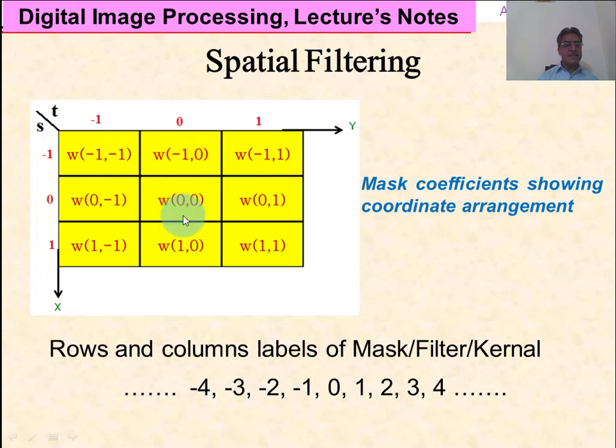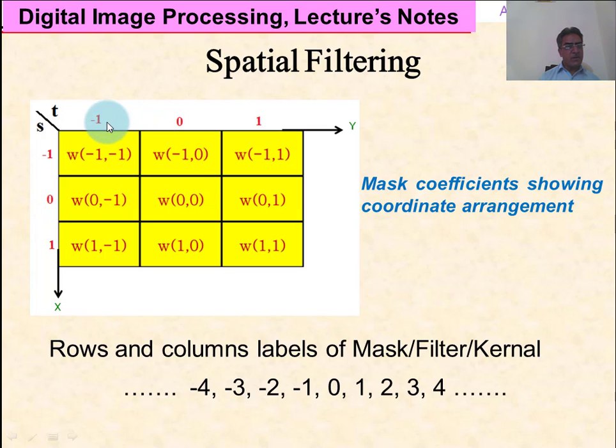This is a 3x3 mask, and here is the weight W of -1, 1. Actually, this is the central value of the mask, which we represent as the origin, that is 0 by 0, and this is the 0 column and this is the 0 row.